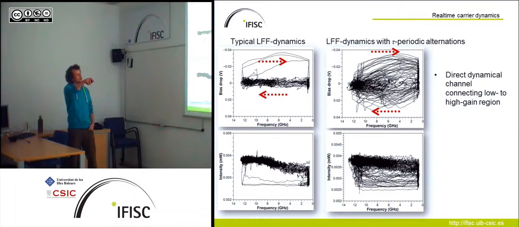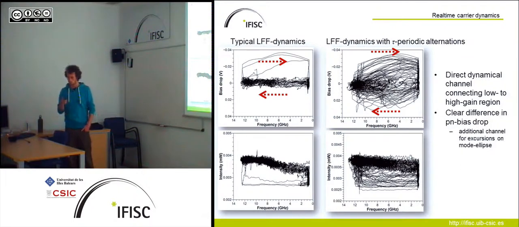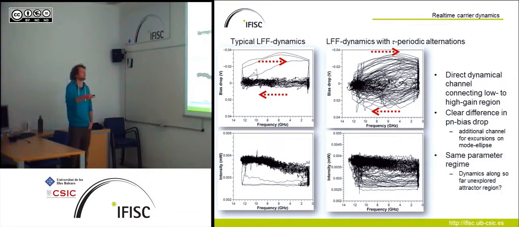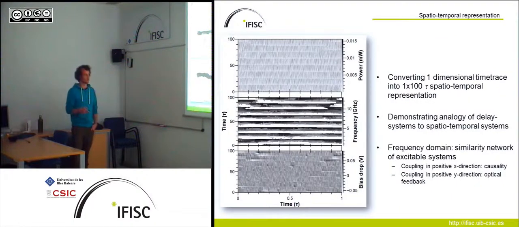But now suddenly there's this additional channel connecting the low gain region, the solitary laser mode, directly to the high gain region, not passing through all the optical modes of the external cavity. So we think this is an additional channel for excursion on the mode ellipse without using a large part of the optical modes.